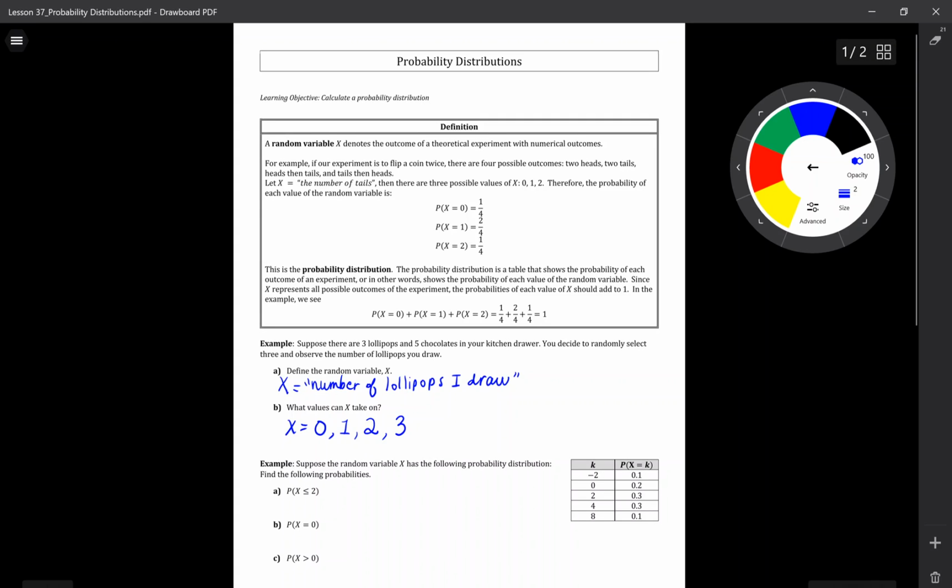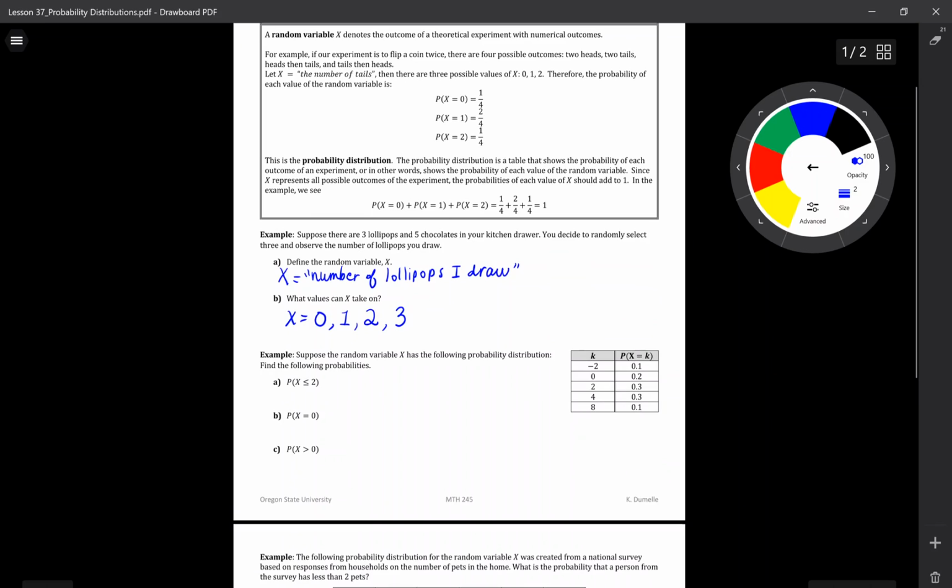Alright, suppose the random variable x has the following probability distribution given in this table, and we want to find the following probabilities. So first, the probability that x is less than or equal to 2. Here, I see that I have 3 values that satisfy that: 2, 0, and -2. The probabilities are given in this column. I don't know what this situation is, but the probability of getting -2 is 0.1.